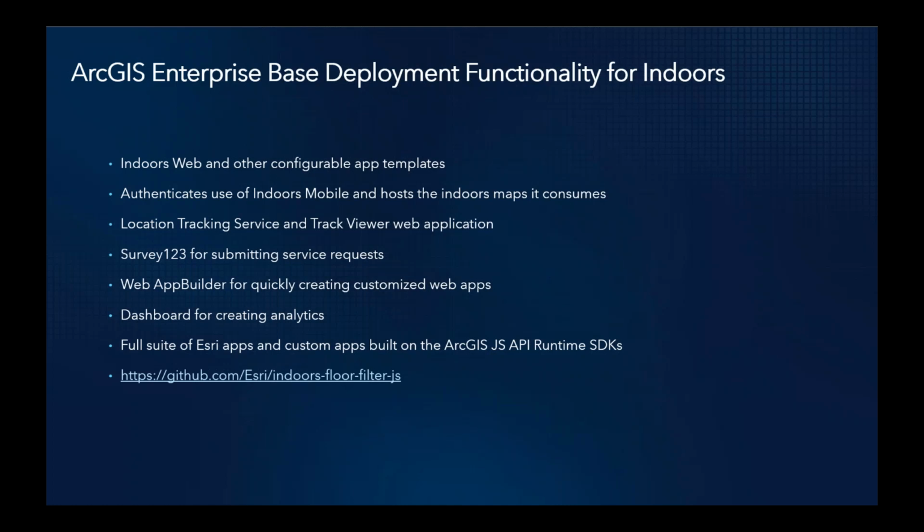It would provide Survey123 for submitting service requests, the web app builder and dashboard for creating custom applications for analytics and other business purposes that run on top of indoor maps, as well as the full suite of Esri apps and custom built apps that one could build from our JavaScript API and runtime SDKs.